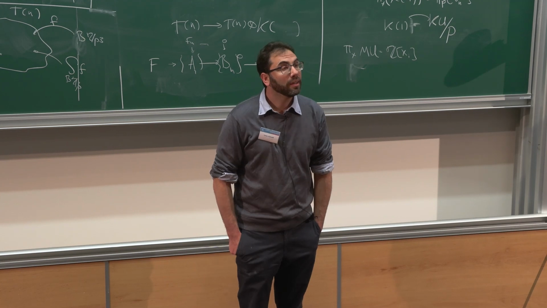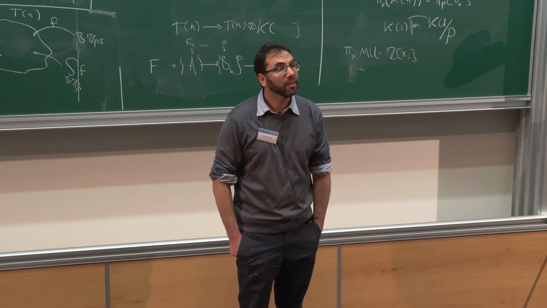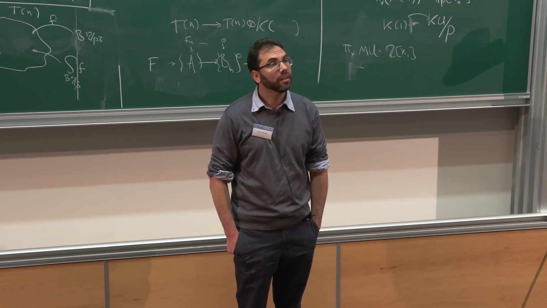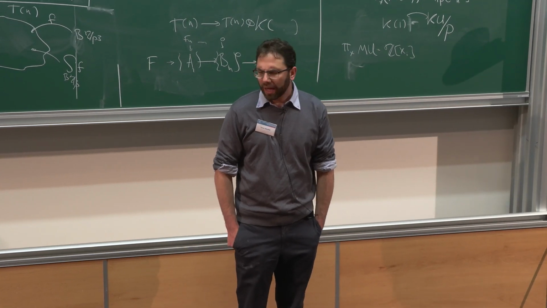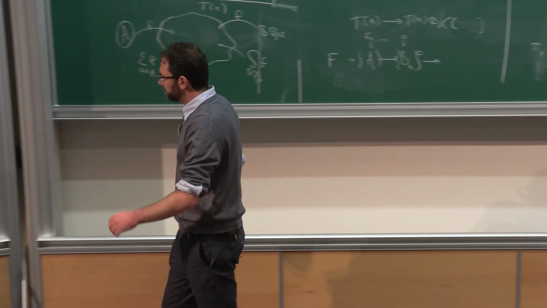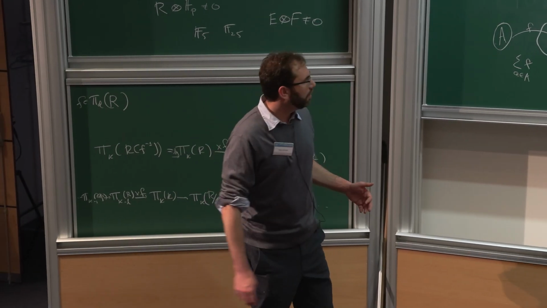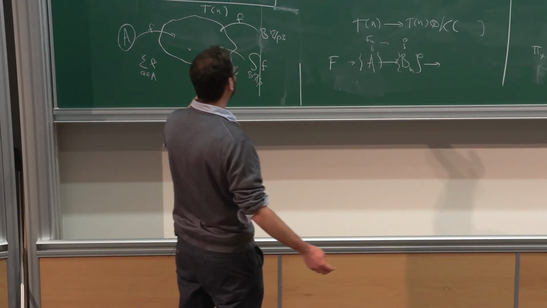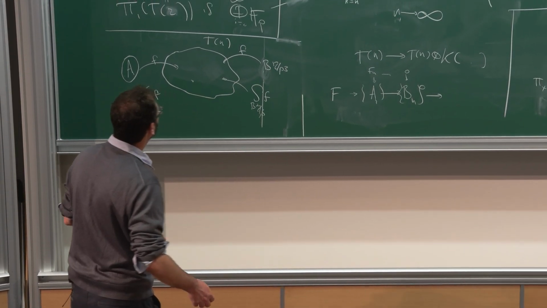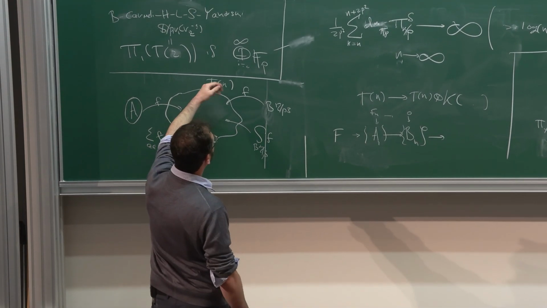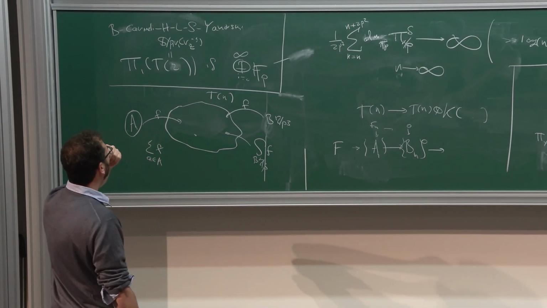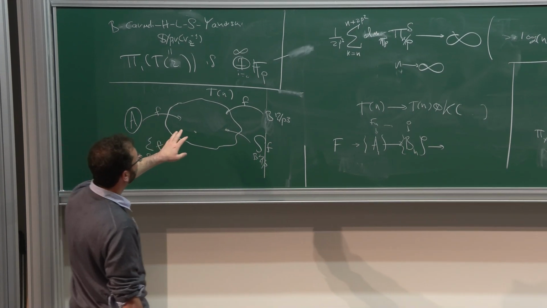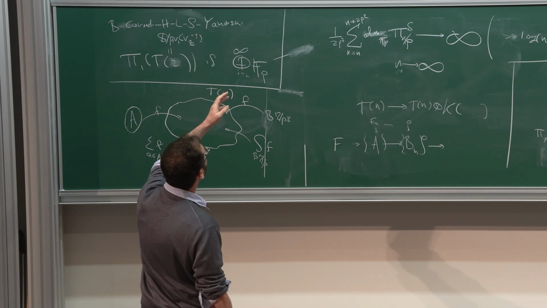Does this story tell us something about unstable phenomena? I mean, maybe in combination with some work by Hopkins-Hovey or something. I wouldn't say so. Hopkins did a lot of work about unstable homotopy groups, the way it's related to the telescope, but his work is a little bit less directly connected to the actual homotopy groups that you see here.